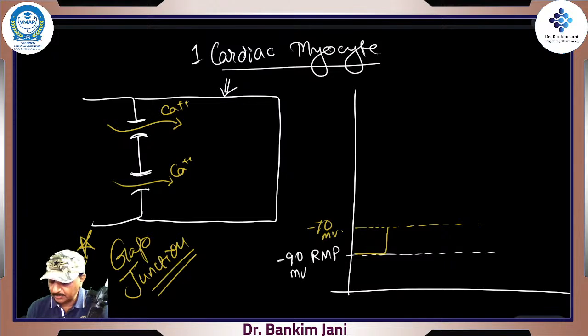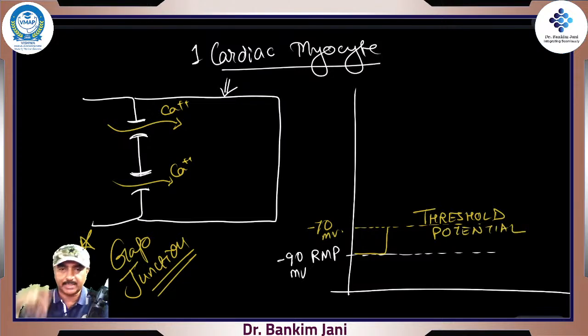And this is what is called the threshold potential. Whenever the word threshold potential comes, the voltage gated channels are going to open, because they lead to something very drastic.